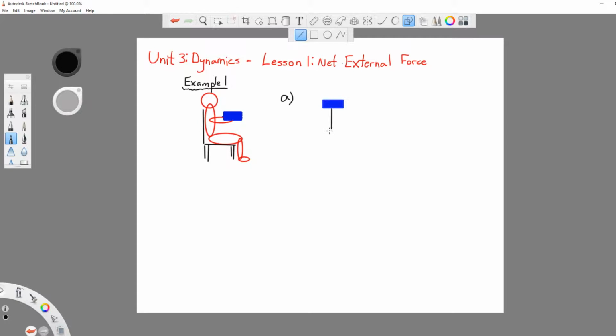So we're going to draw ourselves an arrow in the direction that gravity is acting. In fact, the direction that gravity is acting here is the same direction the acceleration due to gravity is acting. And we're going to find out really soon that that's because the formula for force is equal to mass times acceleration. So if the direction of acceleration is down, so is that value for the force.